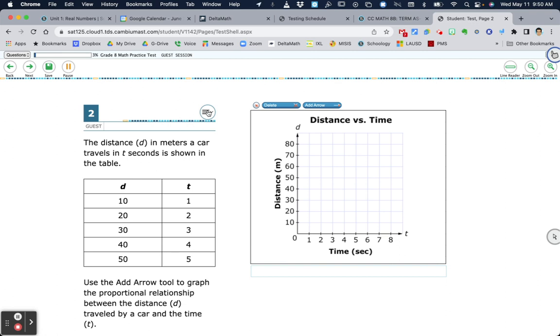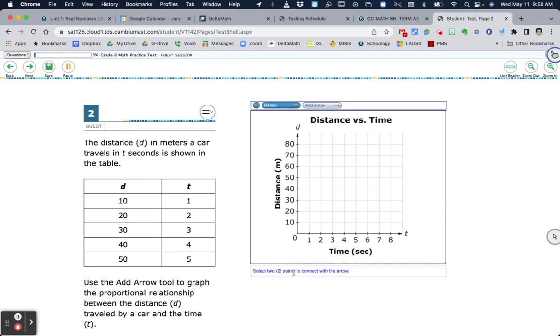Use the add arrow to graph the proportional relationship between the distance d traveled by a car and the time t. Okay, so they want us to make a graph of this data. Now, let's see here. This is to delete, this is to add an arrow.